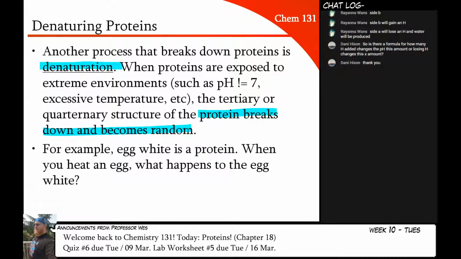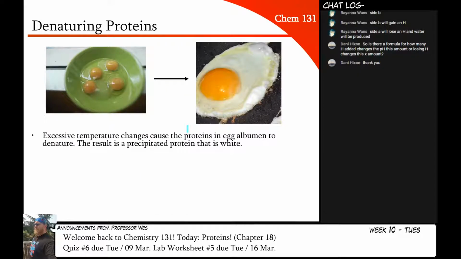A good example of this is egg white. So if you heat eggs and you look at the egg white, it's not really white, right? It's clear. So this is called the albumin. The egg albumin is transparent, and it is a bunch of proteins that are soluble in that medium for a specific purpose.